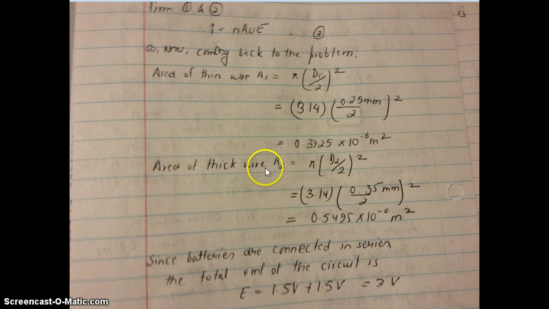The area of the thick wire A2 equals pi times d2 by 2, whole squared, which comes out to be 0.5495 times 10 to the power minus 6 meter squared. And since the batteries are connected in series, the total EMF of the circuit equals 3 volt.